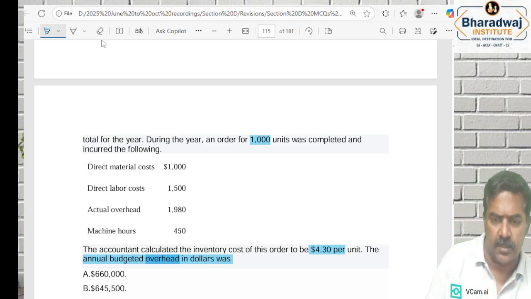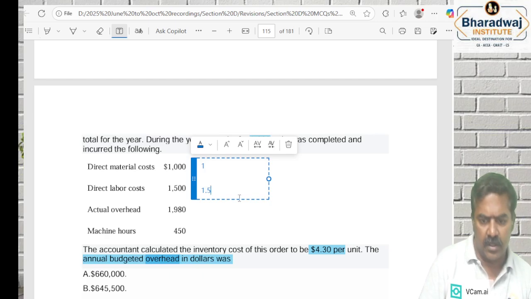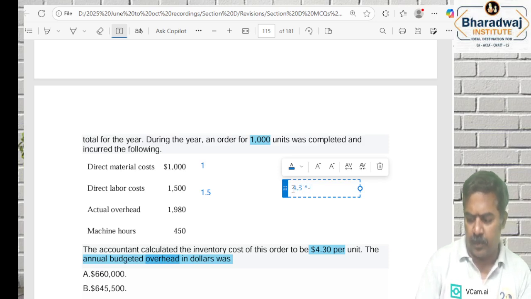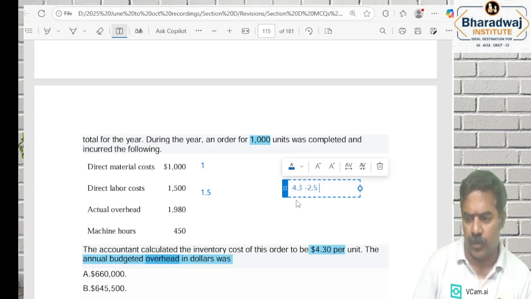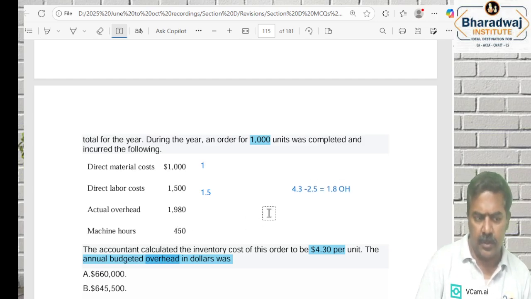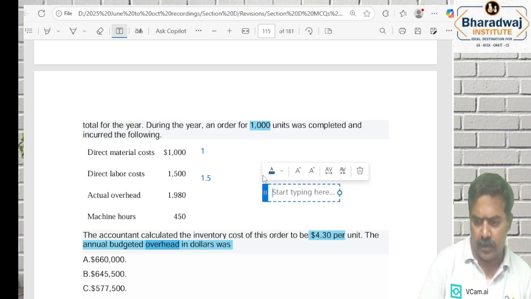What is the material cost per unit? 1,000 by 1,000, 1. What is the labor cost per unit? 1,500 divided by 1,000, 1.5. So 2.5 is gone from 4.3. 4.3 minus 2.5 is 1.8, the overheads per unit. So for the 1,000 units, the overheads would be 1,800.